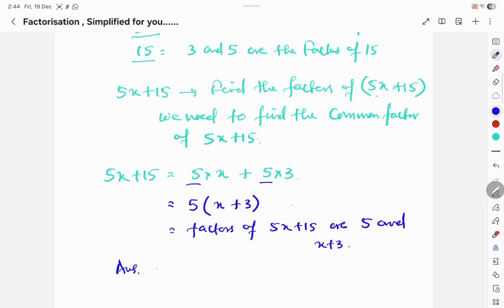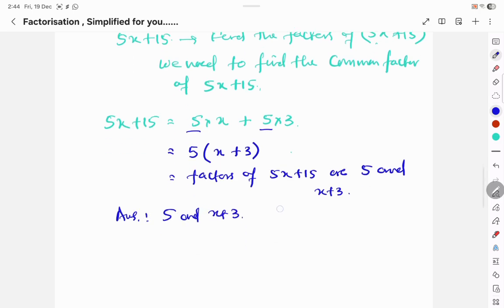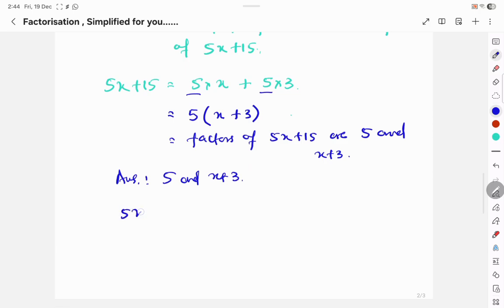So our answer will be 5 and x plus 3. So we can write 5x plus 15 is basically 5 into x plus 3, where 5 and x plus 3 are the factors.